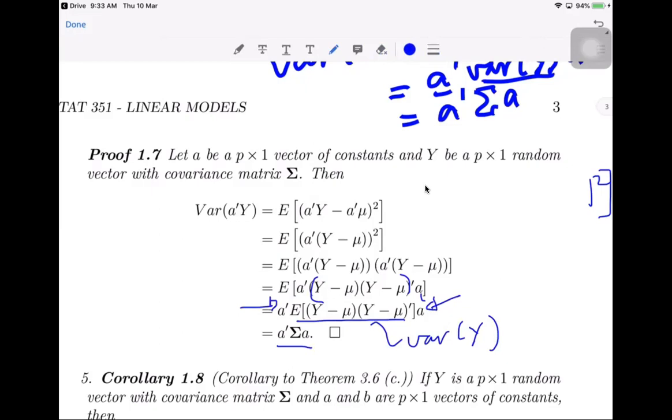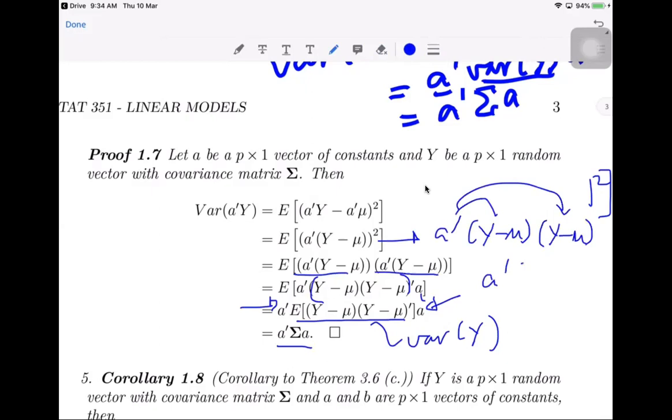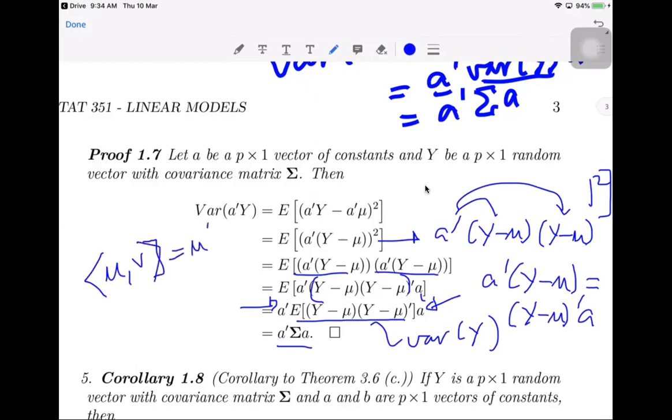Okay. So this part here is a prime and two a minus mu, and then this is distributed in that. But a prime y minus mu is just equal to y minus mu prime a. They are the same. If you recall, the inner product of u and v is equal to u prime v or v prime u.